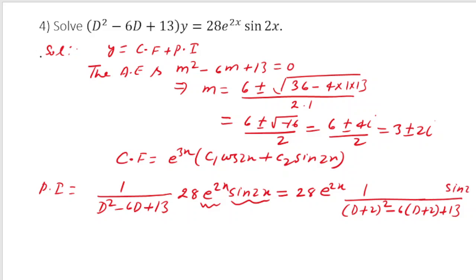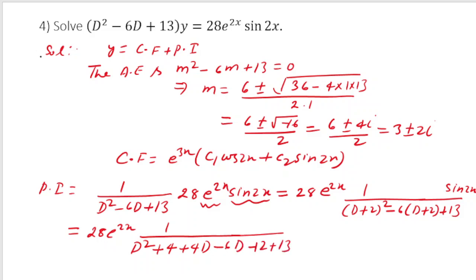and that we will be operating on sin 2x. So continuing here, 28 e to the power 2x, and you differentiate it, so D square plus 4 plus 4D, a square plus b square plus 2ab, and minus 6D minus 12 plus 13 over sin 2x.